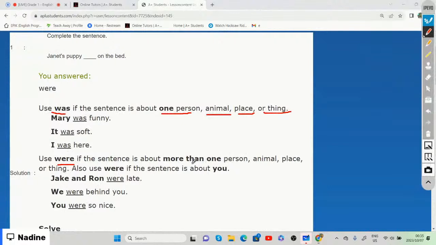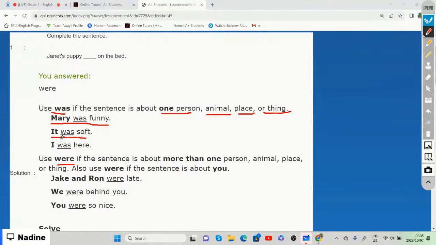For example, Mary was funny, meaning it can be yesterday, it can be last week, whenever, but Mary was funny. So it is in the past, so Mary was funny. It was soft. It's not soft now, but that time in the past, it was soft.